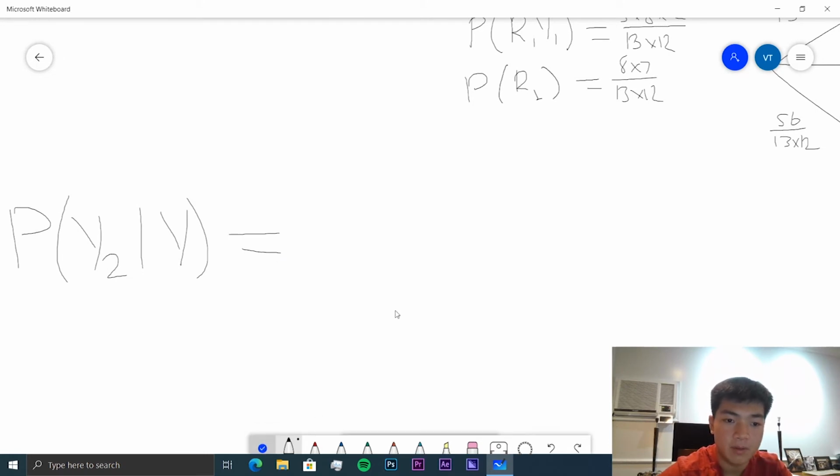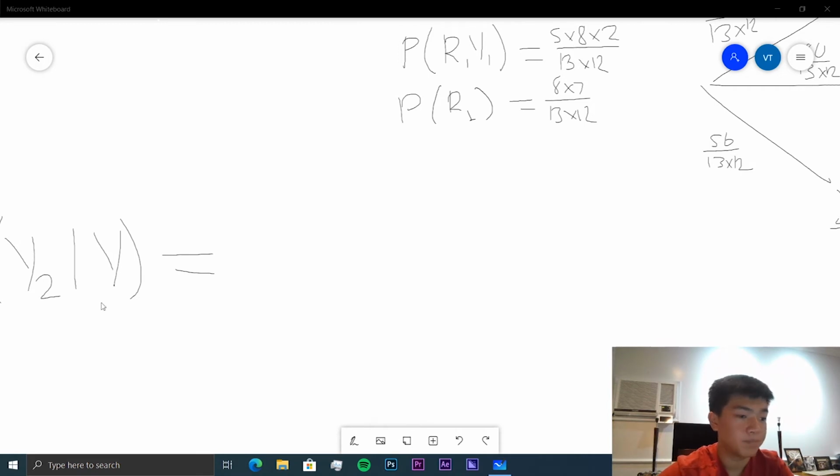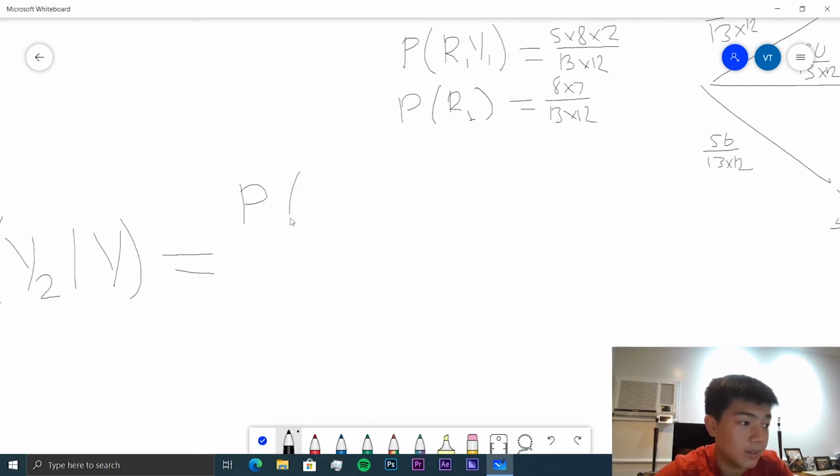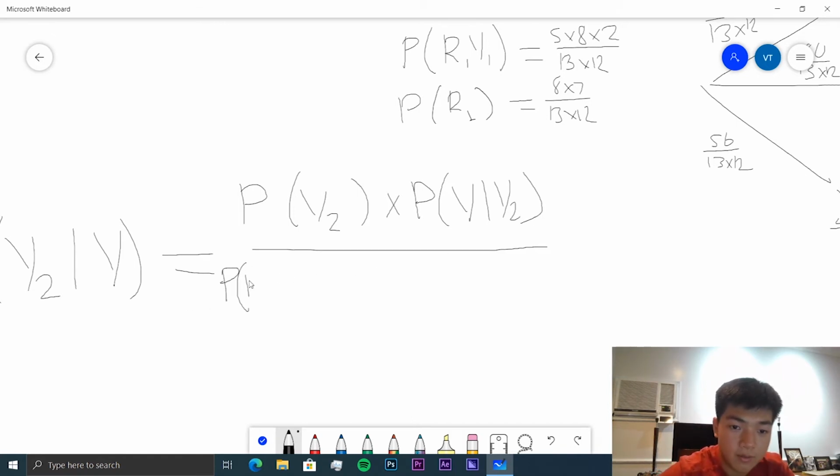So we have, this is equal to the probability of y2 times the probability of y, given that y2 occurred, divided by the probability of y, given that y1 occurred, times the probability of y, and so on.